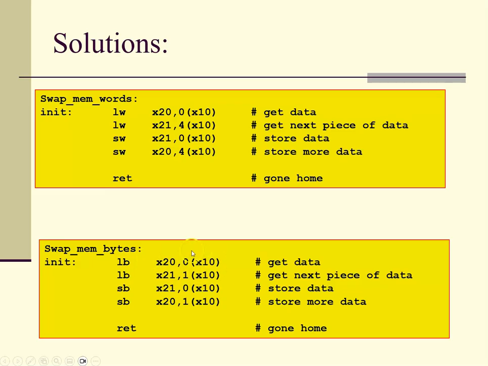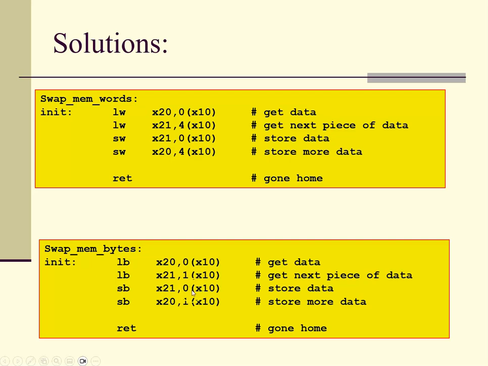I go get it. Now I go get the other piece of data. I use X10 as the base address once again, but I offset it by 1, essentially offsetting it by 1 byte. You're going to see this differ in the other problem.